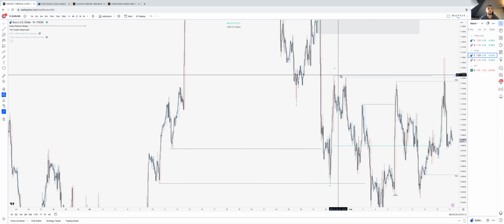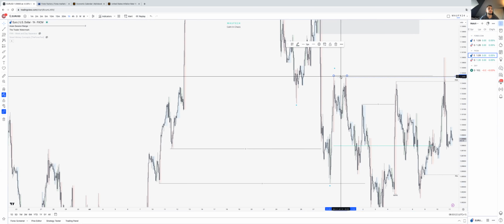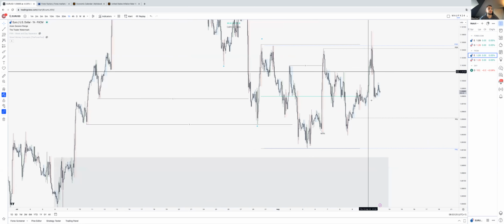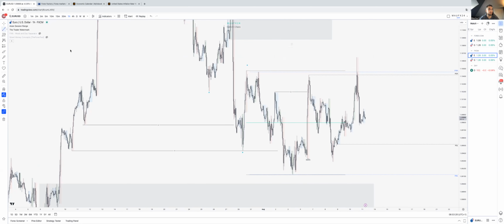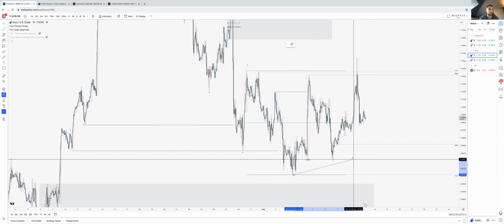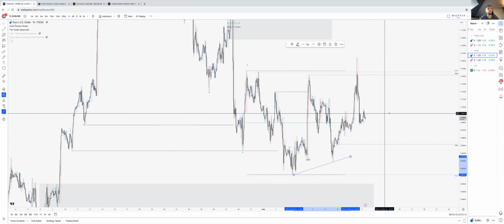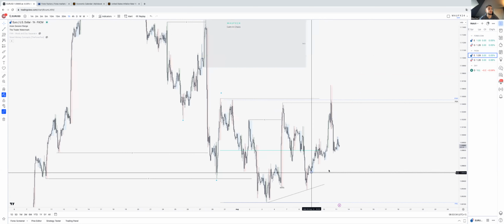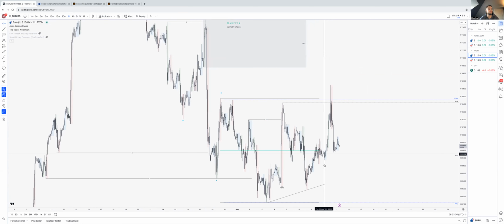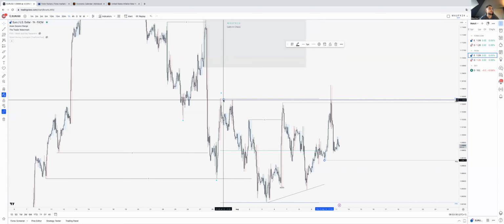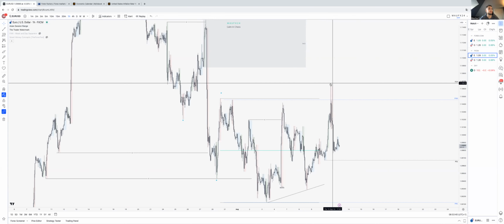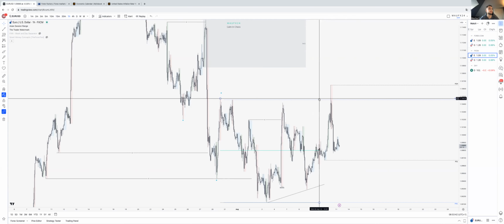So all that liquidity there is taken. We broke above. We can see that we have liquidity building up here, and we got previous daily lows down here now. We got previous daily highs up here. We took previous weekly highs.